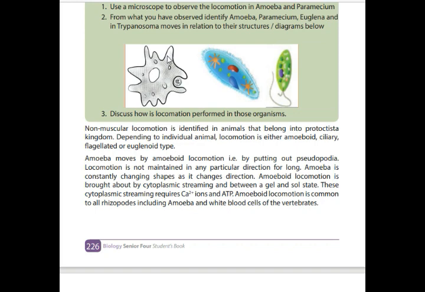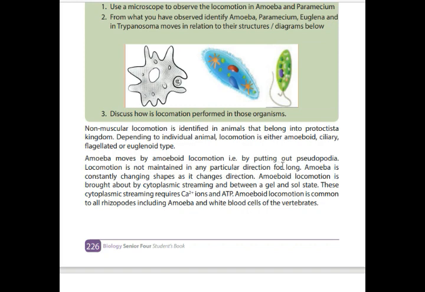Here they use the cilia. Here amoeba moves by amoeboid locomotion, by putting out pseudopodia. It has pseudopodia, these parts.